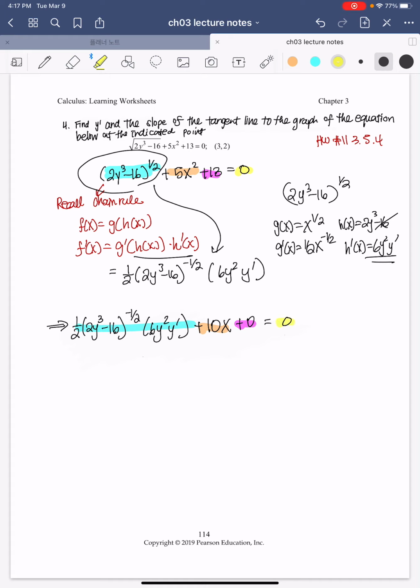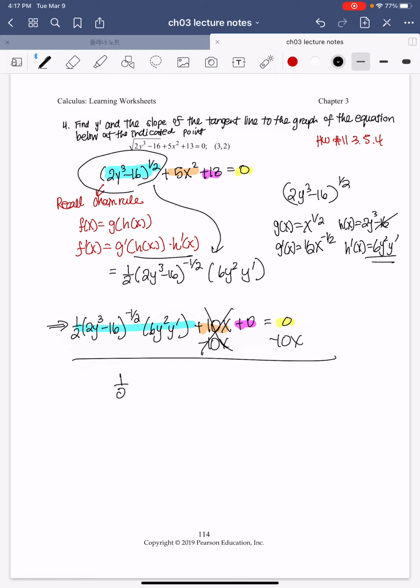The second part is to rearrange and have the y prime term by itself. So I'm going to keep this one and remove everything on the other side, which means I'm going to subtract 10x.